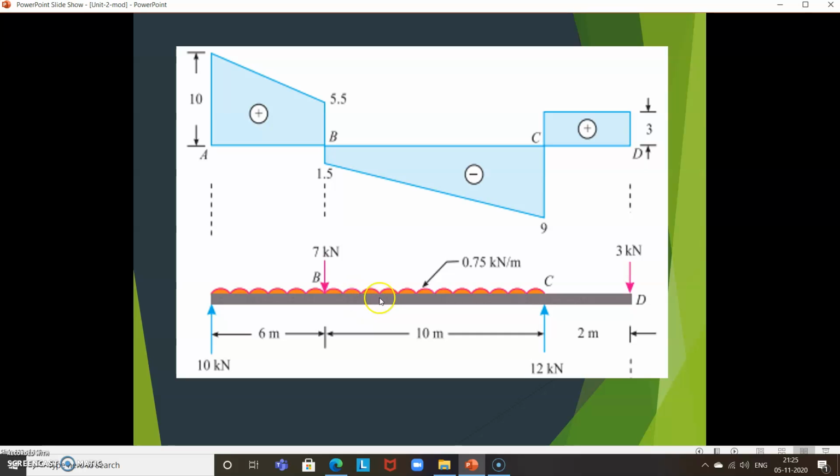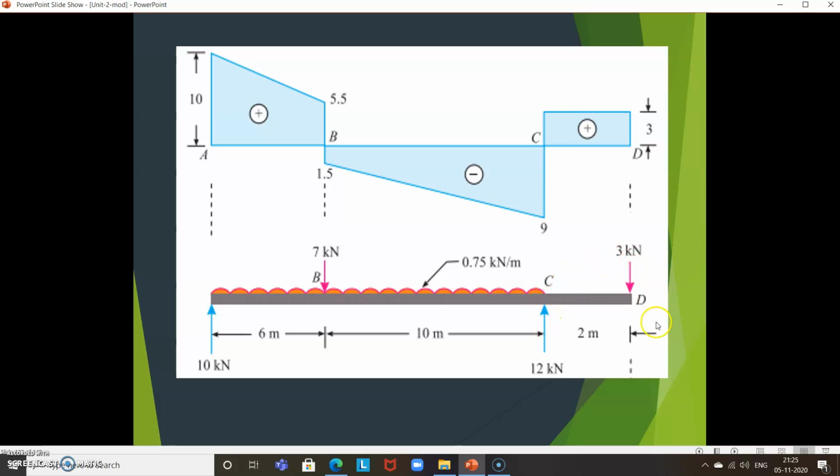Then again there is one UDL because there is an inclined line. That is again 0.75, from 9 minus 1.5 divided by 10, 0.75 kilonewton per meter. Then it increases by 3, so if you put 12 here, there is a support reaction of 12 kilonewton.